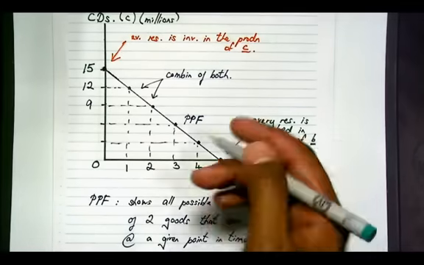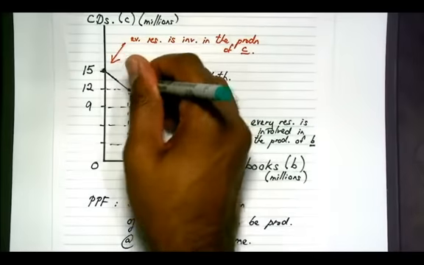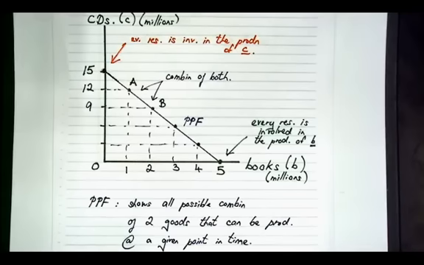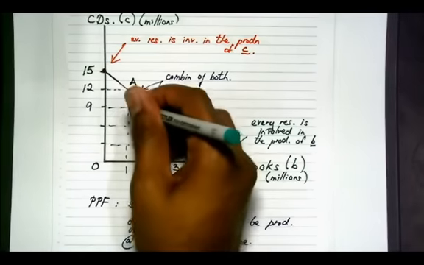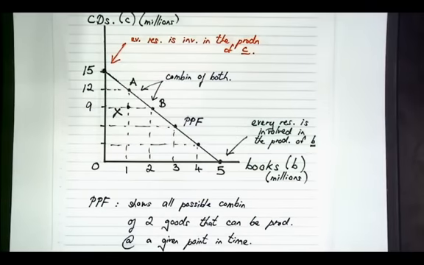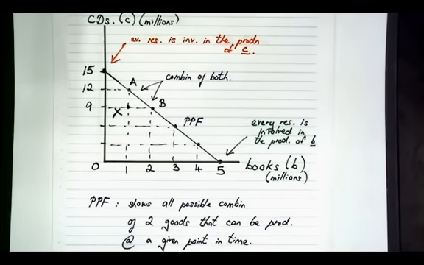Now, if I call this combination A and this combination B, is combination A possible? Can I produce combination A? Yes. Can I produce combination B? Yes. Can I produce combination X? Yes.